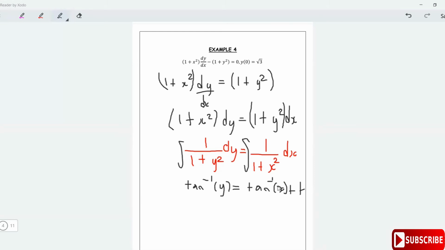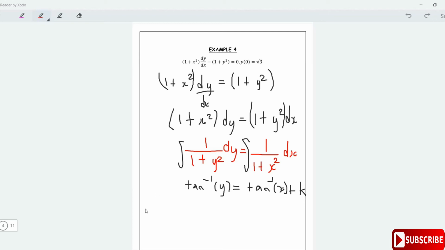So look what I'm going to do. Since I know that when x is 0, y is root 3, what I'm going to do is take the tan of both sides.